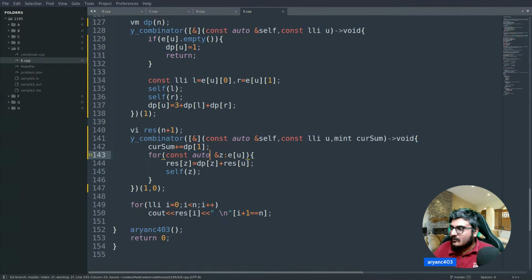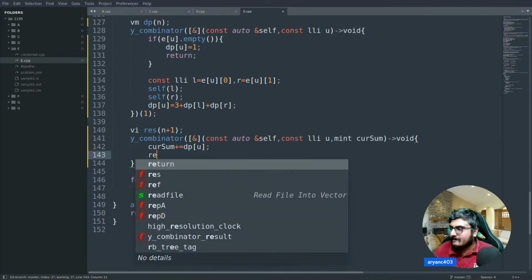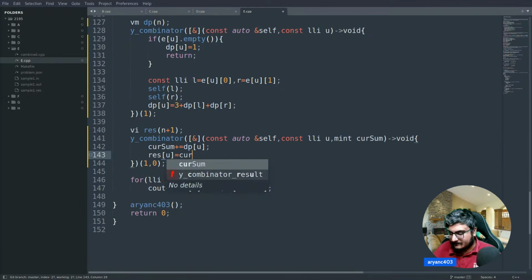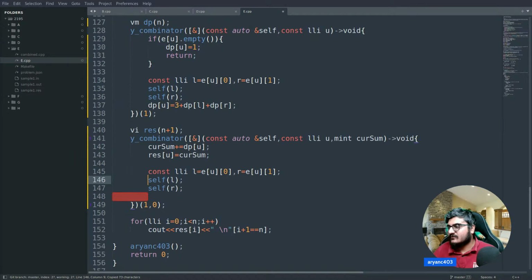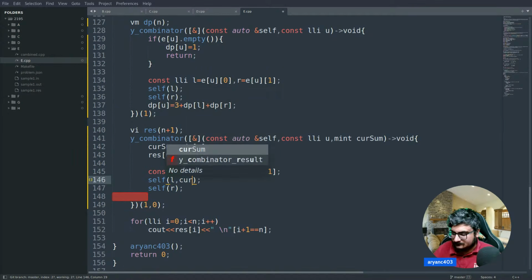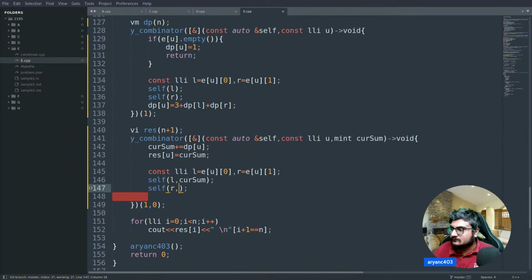How much time it takes to go to the current node? Let's also find the answer for all the children. Or if you don't want to pass the current node as well, that's fine too.